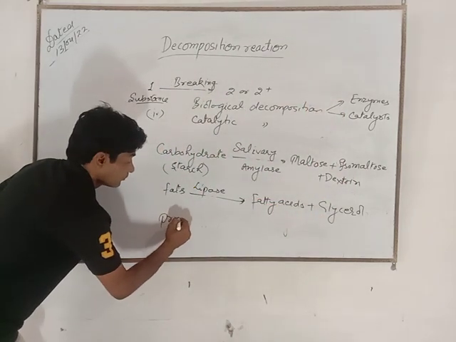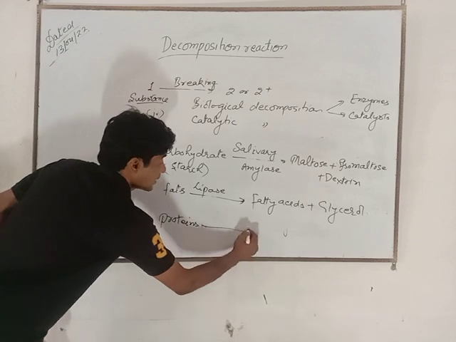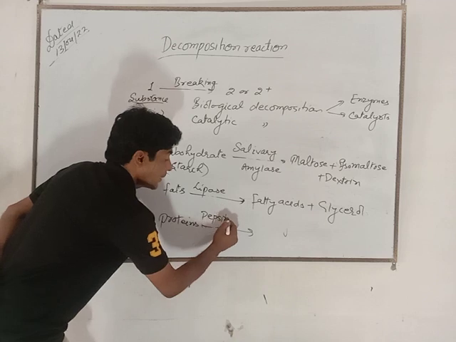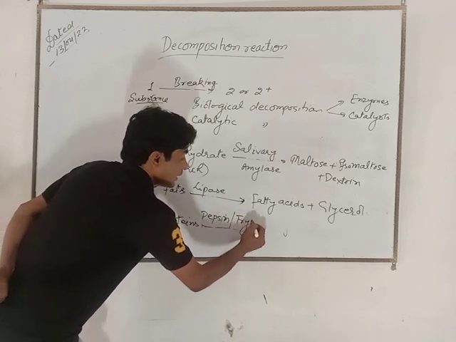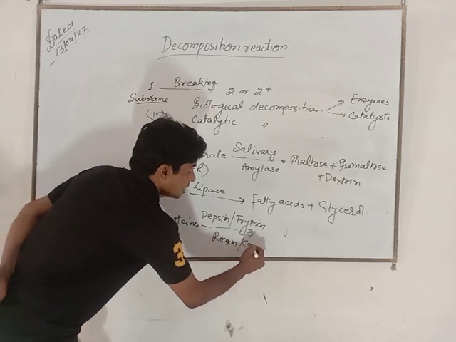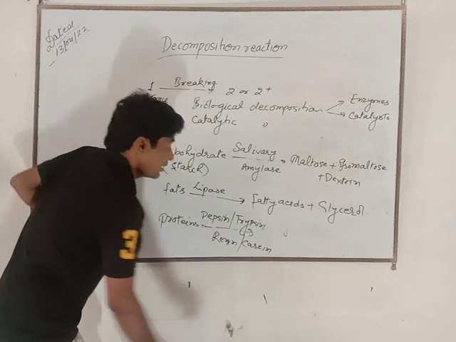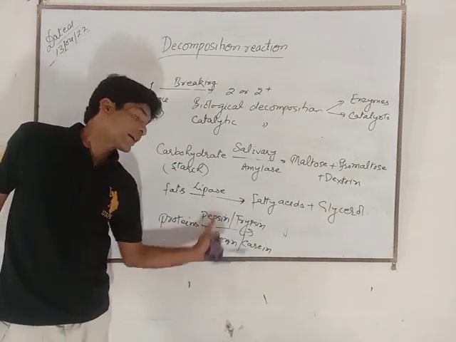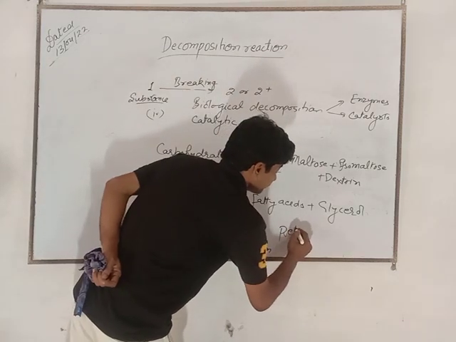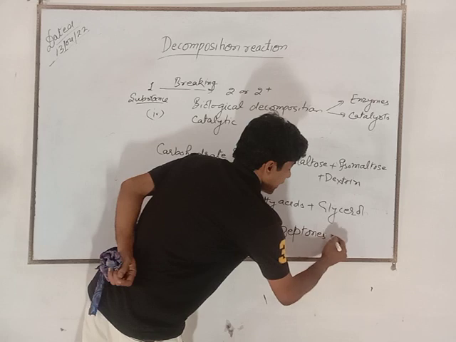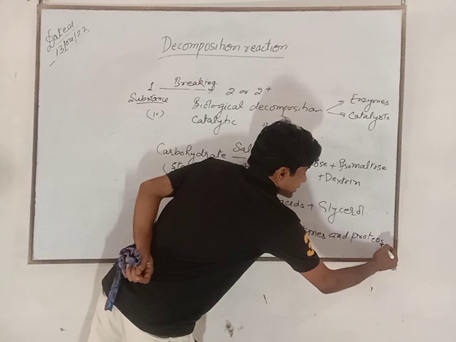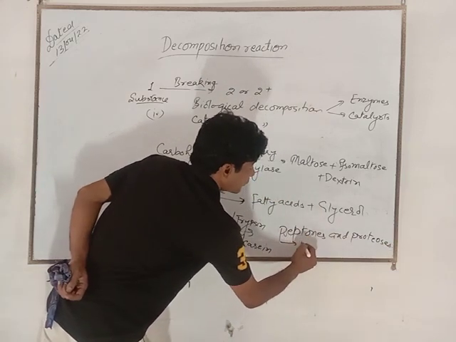Now, proteins, by the function of pepsin or trypsin or renin or casein, by any type of these enzymes, this protein is changed into peptones and proteases, right? And further it is broken into amino acids, right?